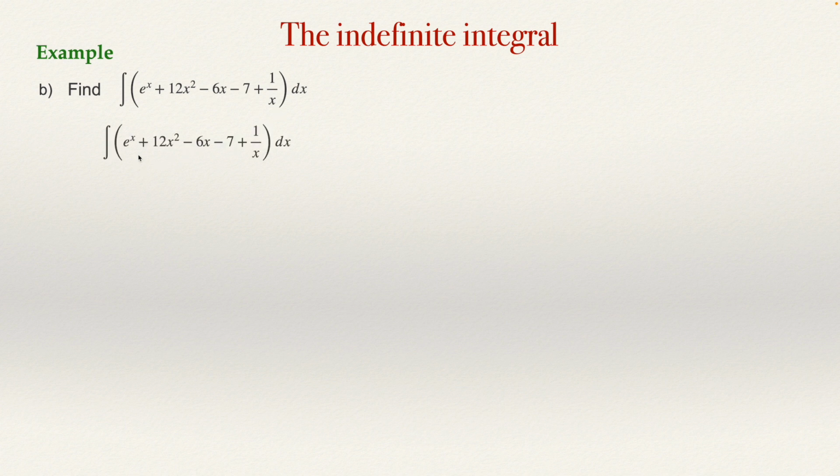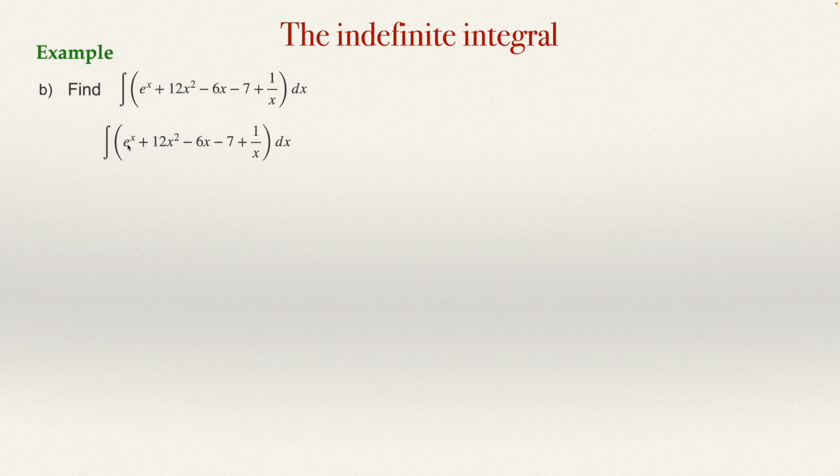But now I have the integral of e to the power x. This is not a power, this is the exponential function. So we have a base and the x appears as an exponent. So then we are going to use another rule of integral. So that will be the integral of the first function, of course, but the first function is the exponential function.